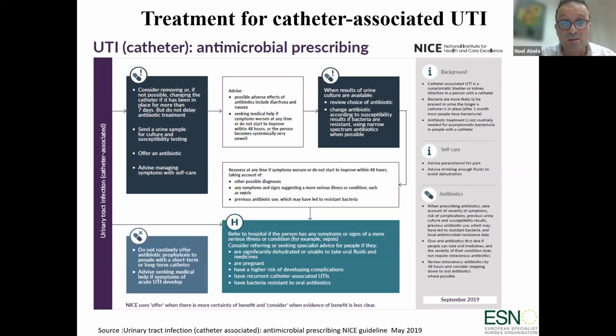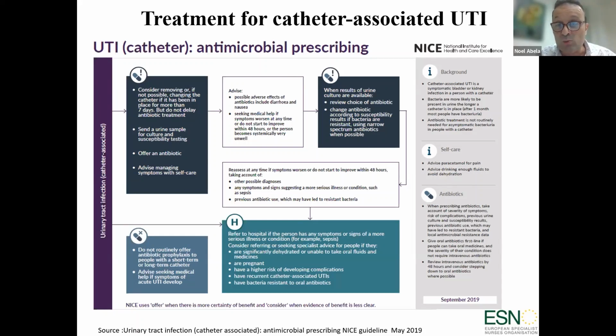Very important that when we have a culture, if the patient needs an antibiotic, we have to offer an antibiotic. And obviously, we have to watch out also for adverse effects of antibiotics, because we can get diarrhea, nausea, and also Clostridium difficile, which is antibiotic associated as well.